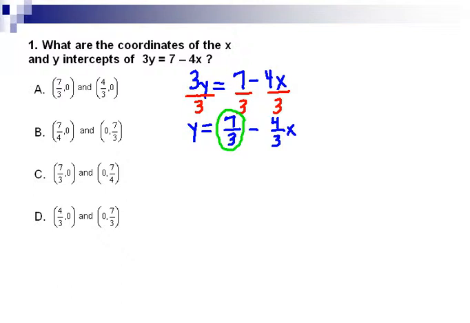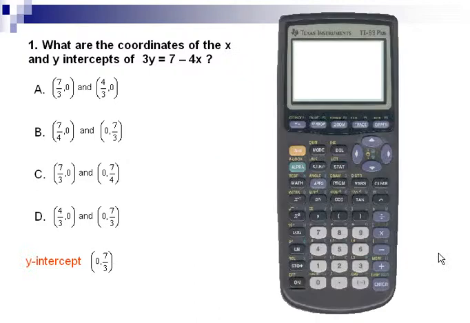To do that, we need to get our graphing calculator out and graph this line. To graph the line, we need to go to our y equals and input our equation. So we have parentheses 7 divided by 3, close parentheses, minus parentheses 4 divided by 3, parentheses x.